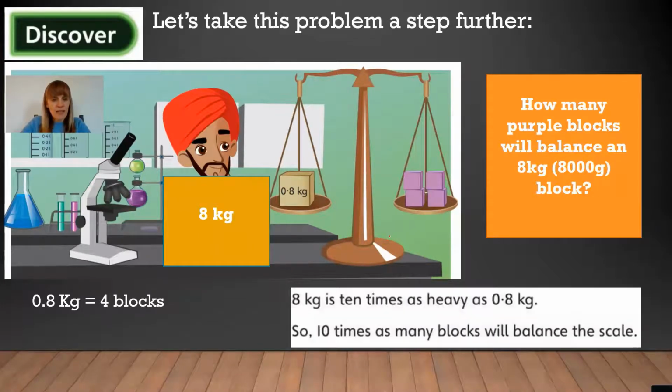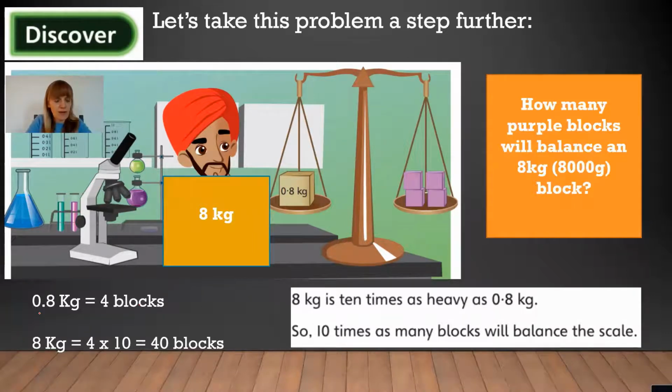Now, 8 kilograms is 10 times as heavy as the 0.8 kilograms that was on the scale before. So that means 10 times as many blocks will balance the scale. To find out how many purple blocks we need for 8 kilograms, we use our answer from the previous question, knowing that 4 blocks are needed for 0.8 kilograms.